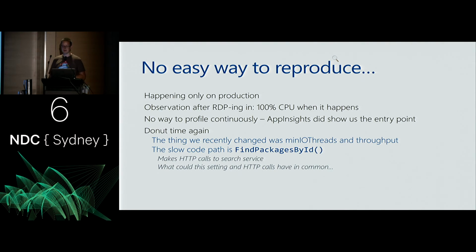And what it does is it reaches out to the search service, which is a REST-based service, so over HTTP, to basically fetch the metadata of that specific package and serve it back to the user. So what could min IO threads and max IO threads in IIS have in common with HTTP calls being made in the application to a different service?